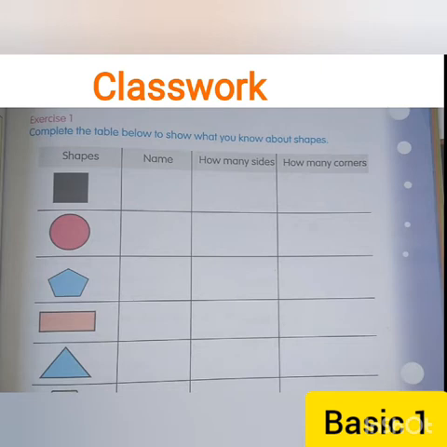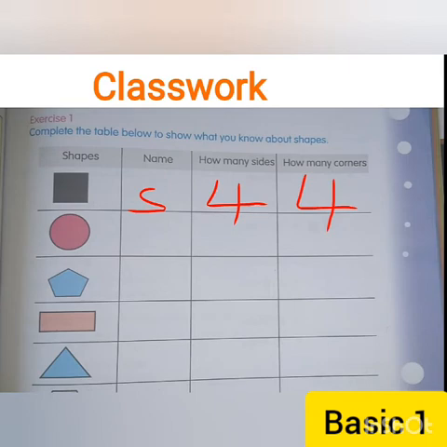Square is spelled S-Q-U-A-R-E, square. How many sides does a square have? A square has 4 sides. How many corners? 4 corners.